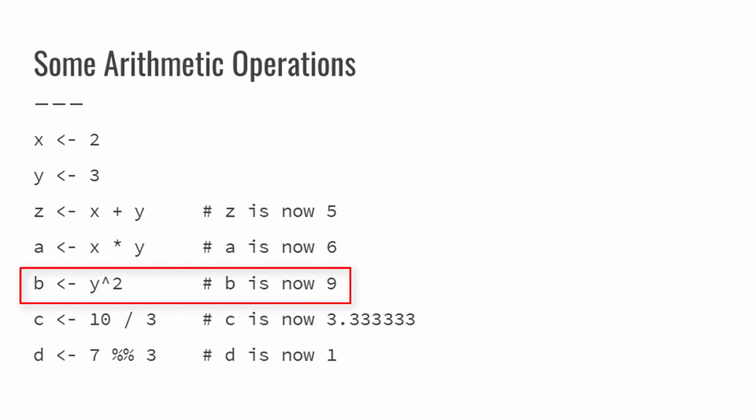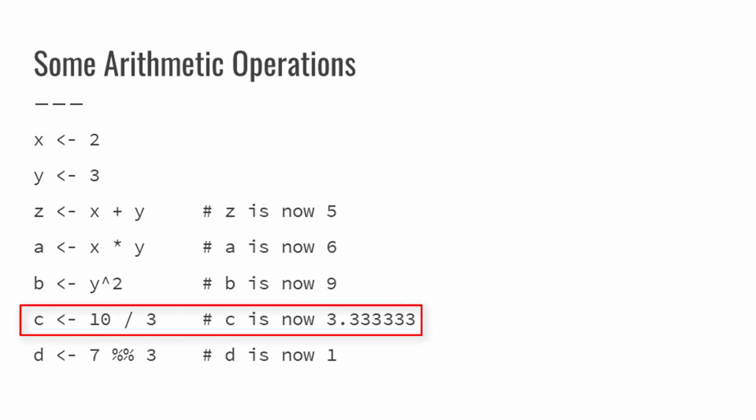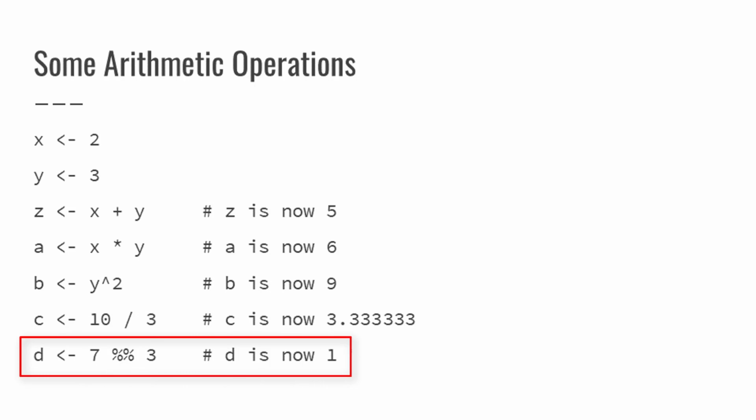Next, we have initialized variable b, which is equal to y raised to power 2. As y is equal to 3, b will have a value of 9. Then we have initialized variable c, which is equal to 10 divided by 3 and will have a value of 3.33. In the last statement, we have initialized variable d, which is equal to 7 modulus 3, so it will have a remainder of 1 and d will be equal to 1.